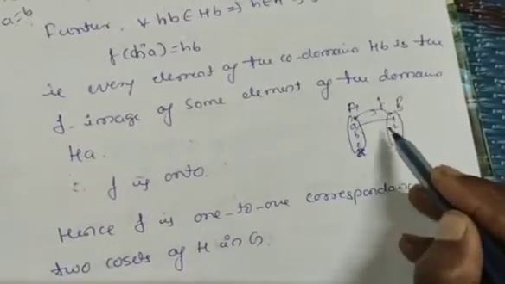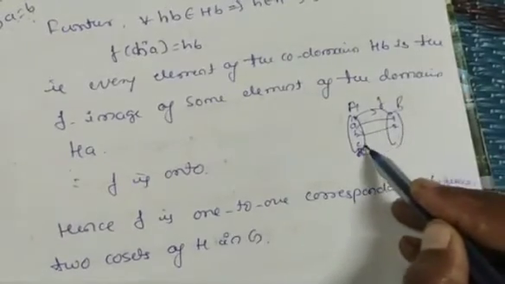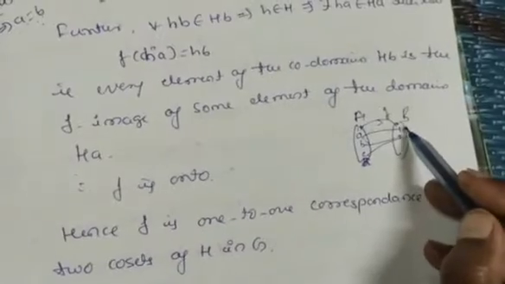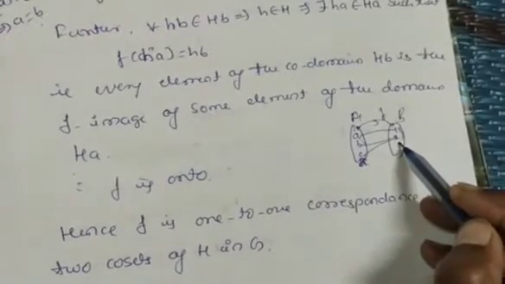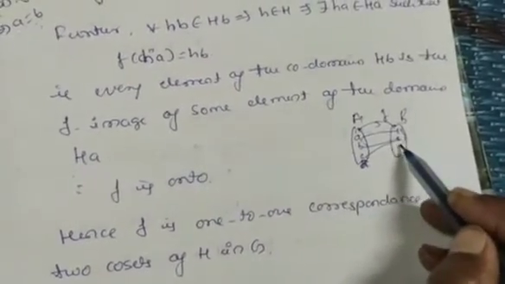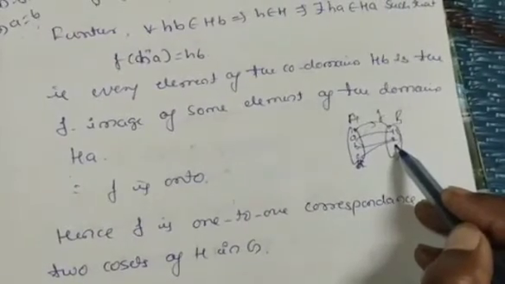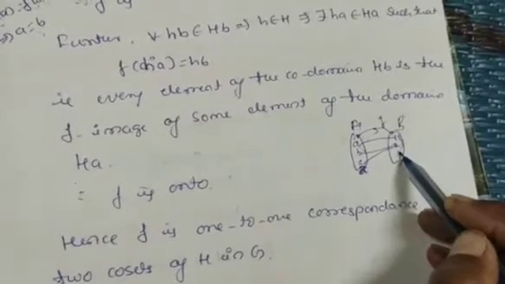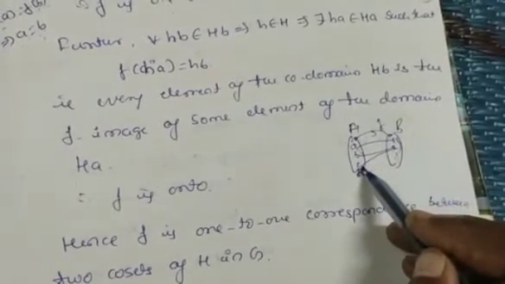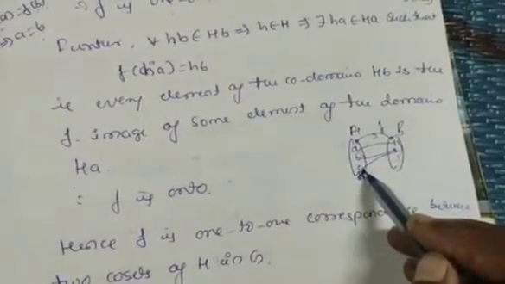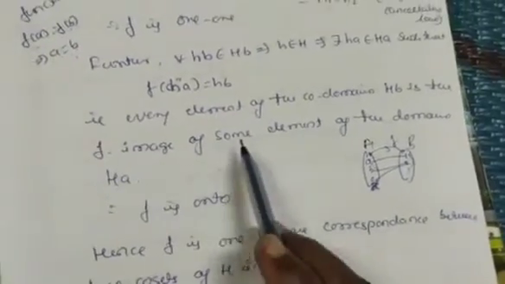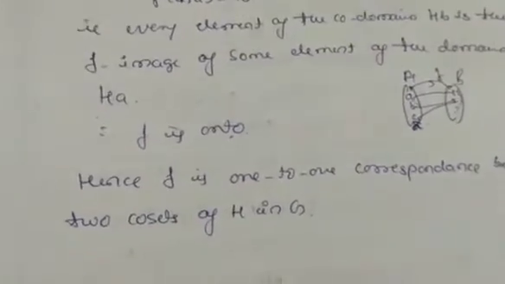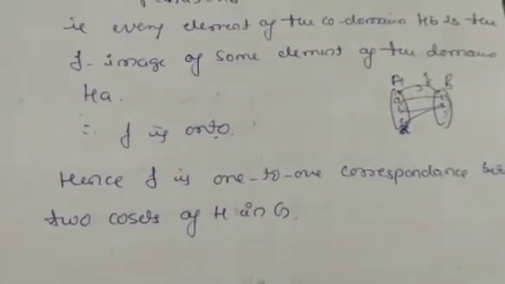If a is associated with 1, b is associated with 2, and c is associated with 3, then all the elements of set B are images. Such functions are called onto functions. Means if all the elements are images of some element of set A, then we call this an onto function. So here it is onto. Therefore, if it satisfies both 1-1 and onto, then we call it a 1 to 1 correspondence.